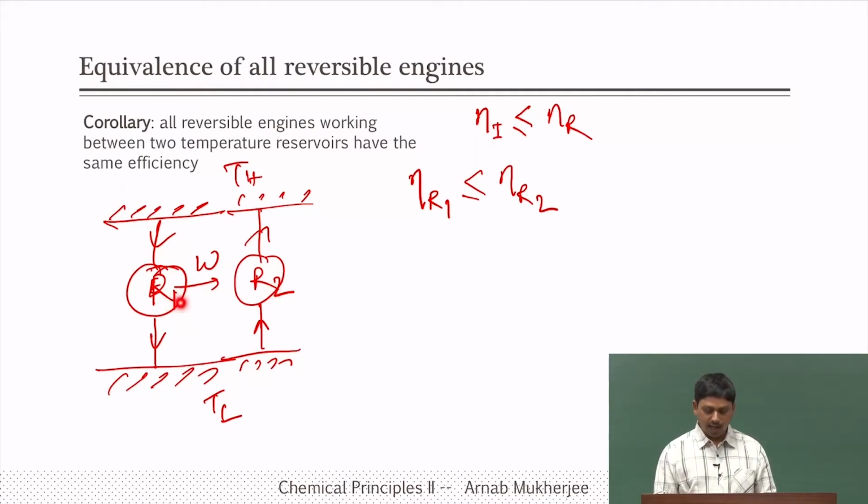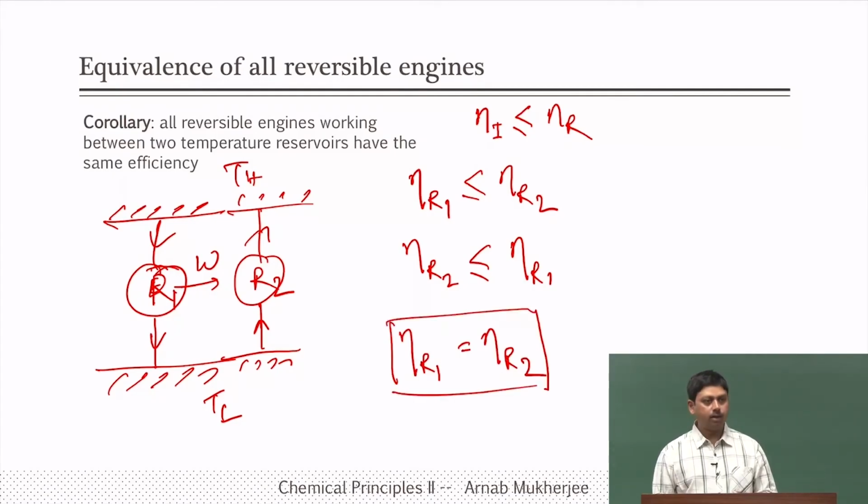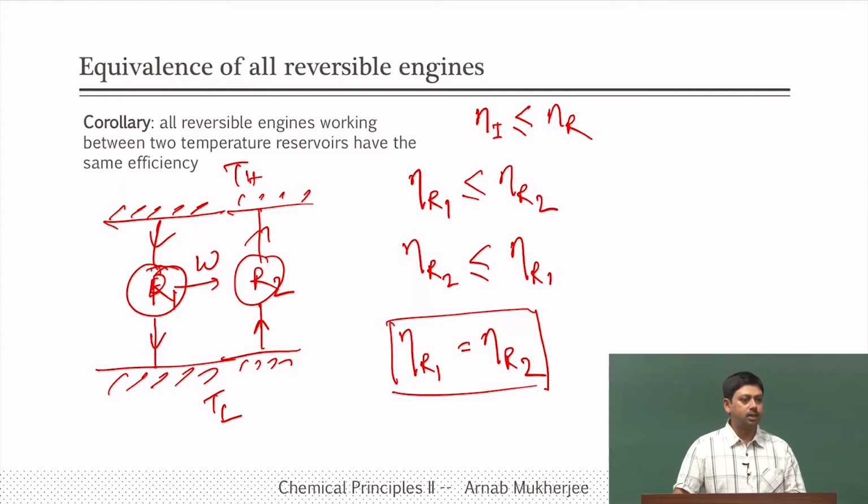Now, let us switch the places of R1 and R2. R2 will now drive R1, and because R1 and R2 are arbitrary, eta R2 cannot be greater than eta R1. When you combine both, there is only one possibility: eta R1 is equal to eta R2, which means that all reversible engines will have the same efficiency.